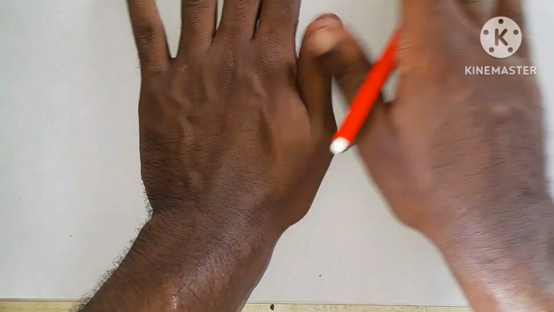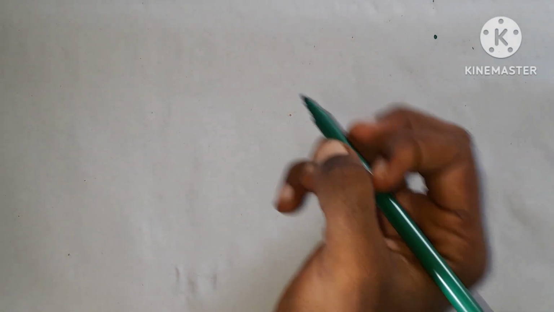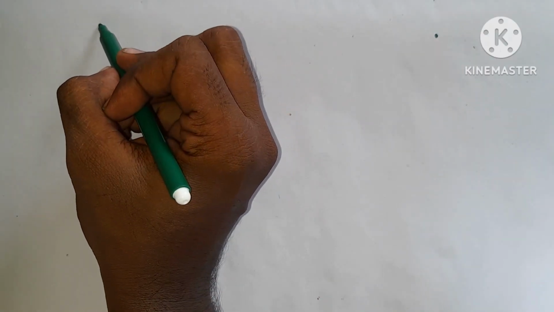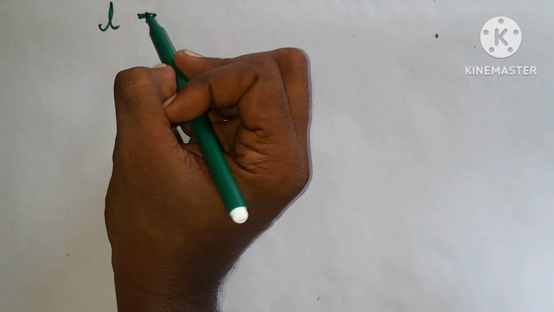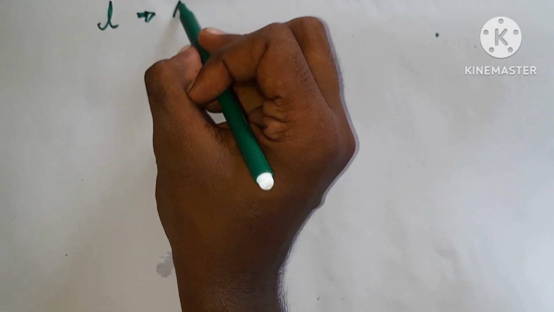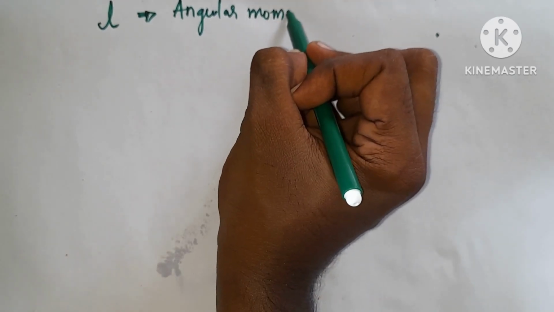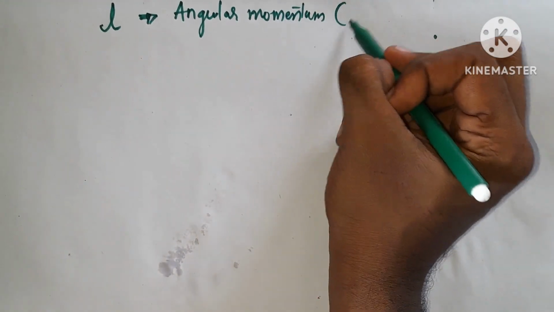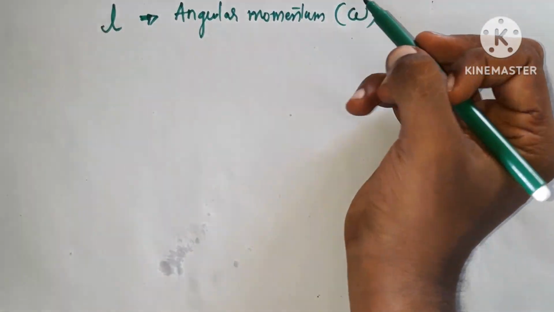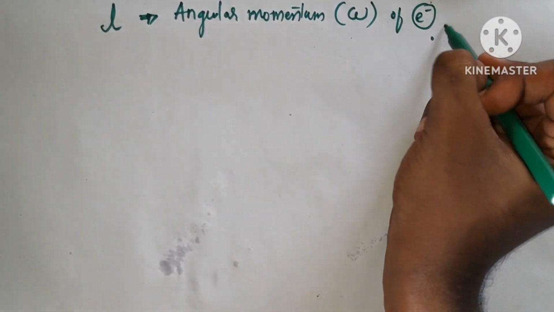So with all this conceptual knowledge, we will list the significances that we have learned in the azimuthal quantum number. The first significance of the azimuthal quantum number L is that it gives the angular momentum, which you can denote as omega, of any electron.